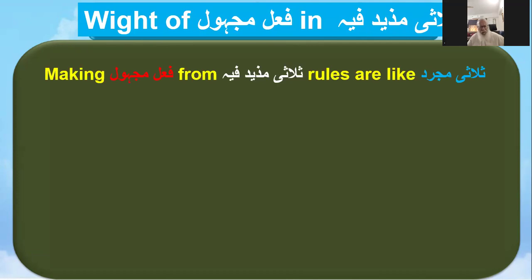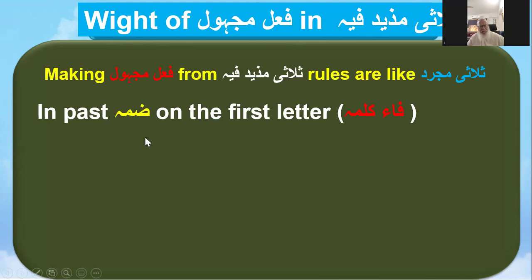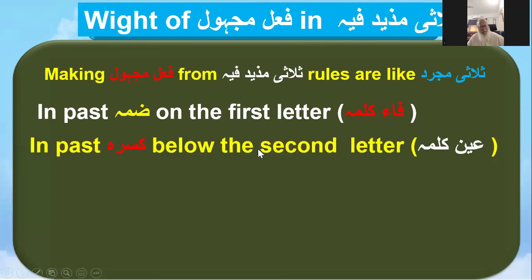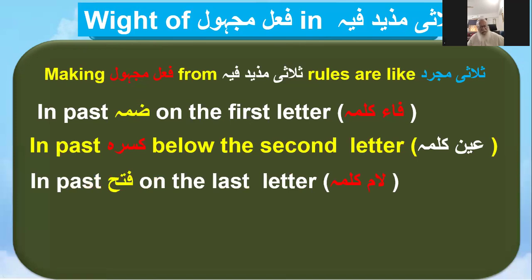Making fi'l majhul from salasi mazid, the rules are like the salasi mujarrad. In the past, the first letter, fa kalima, will have dhamma. The second letter, ain kalima, will have kasra.